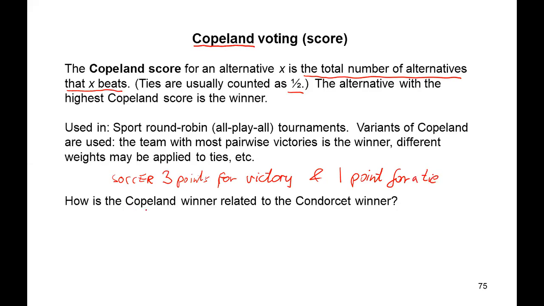So how is Copeland winner related to the Condorcet winner? Well, it is a very simple relationship. If our alternative is a Condorcet winner, then it must be the Copeland winner. And if there is no Condorcet winner, we may still have Copeland winners there.